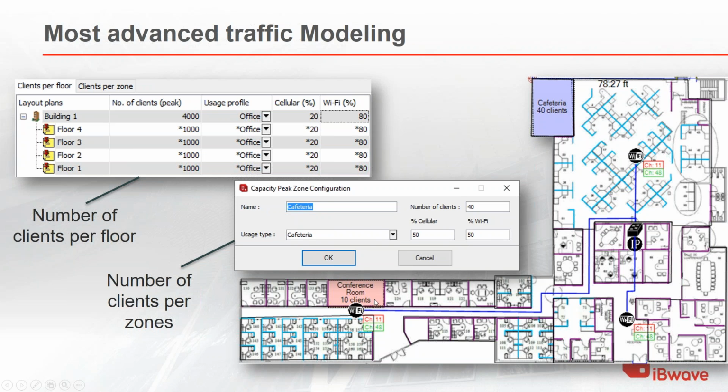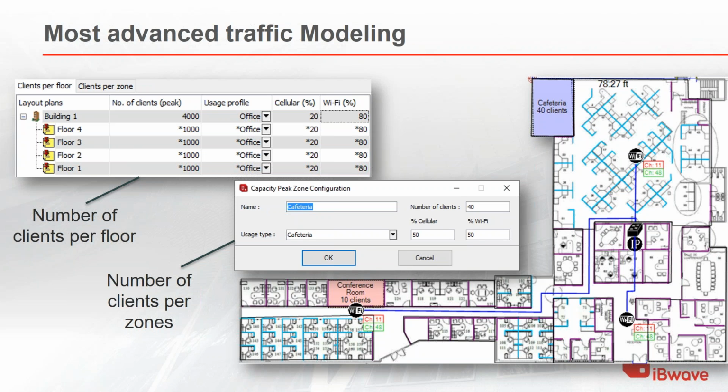We also have a conference room here. As you can see, the definition of the traffic is very granular and allows you to provide just the right amount of capacity where it's needed, and not necessarily over-designing your project just to make sure you're okay.